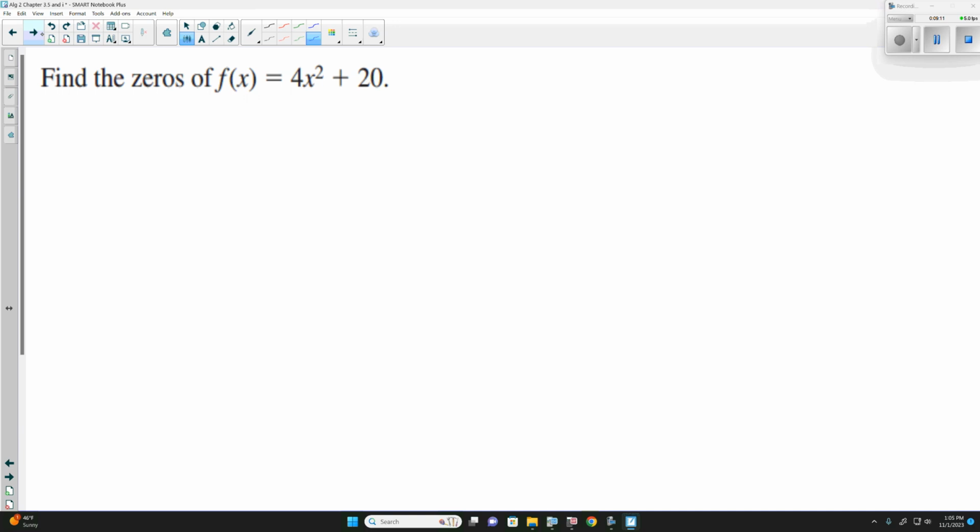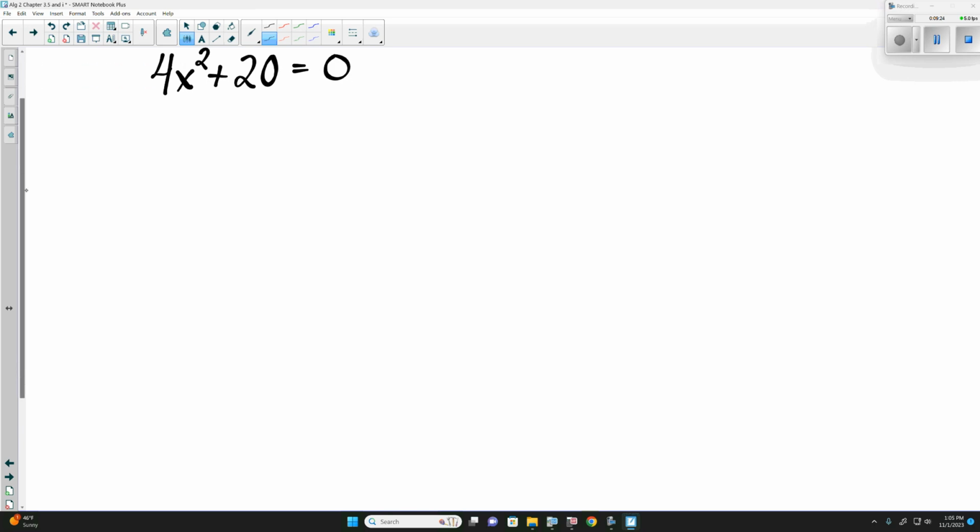Find the zeros of f of x equals 4x squared plus 20. Well, when we find the zeros, we're trying to find out what value of x will make 4x squared plus 20 be 0. So we're looking at 4x squared plus 20 equals 0.